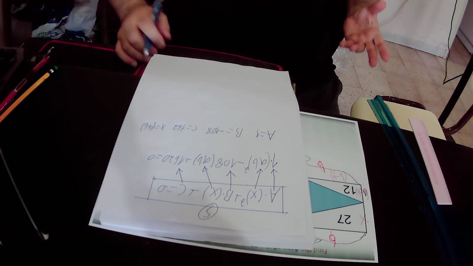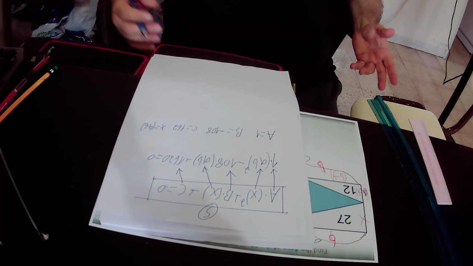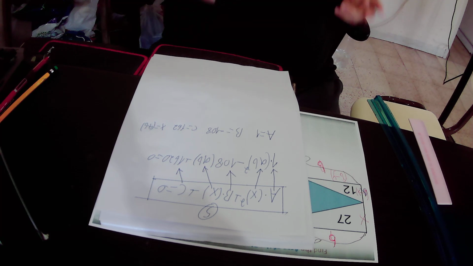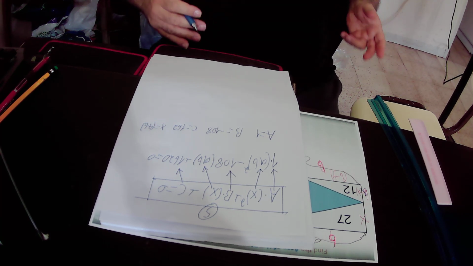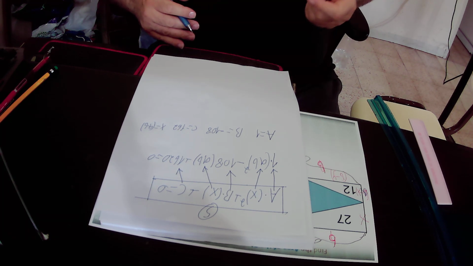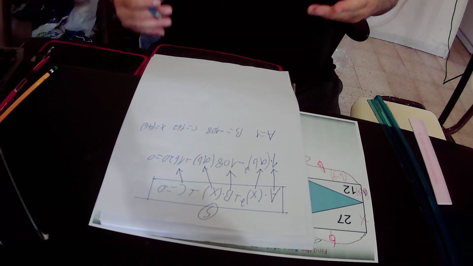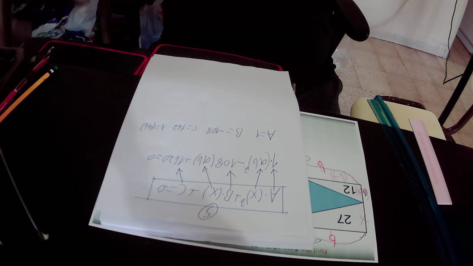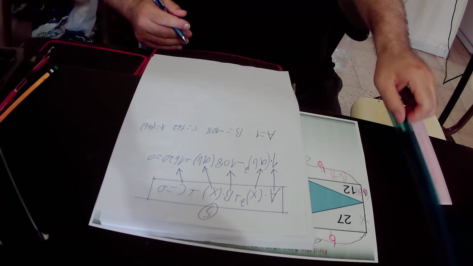That is to say, the value of the rectangle. And as I have already told you, after we find the value of the rectangle, we will subtract from that value the sum of the values of the three right triangles, and in this way we will get the value of the blue triangle. Okay, it is very simple.